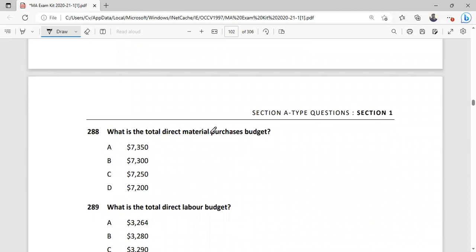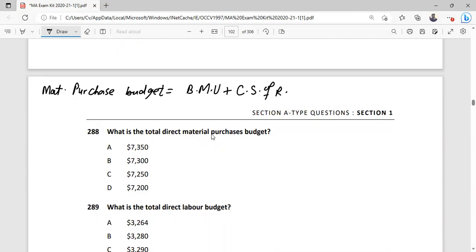What is the material purchases budget? Material purchases budget is equal to budgeted material usage plus closing stock of raw material minus opening stock of raw material.